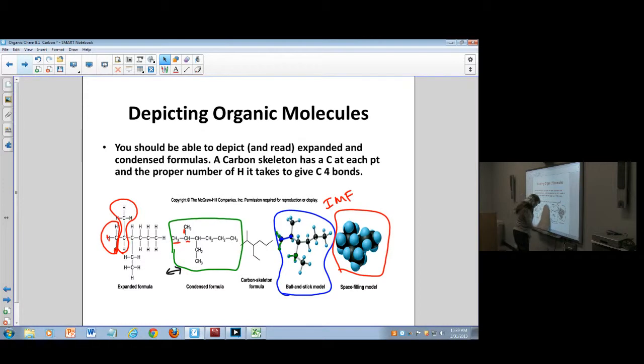And then we're not going to really deal with these right now for the most part, but there is a kind of advanced form that's just drawing lines. So let me see. If I wanted to draw this structure, I'll just do it down here. At every corner and at every end spot, there's a carbon there.